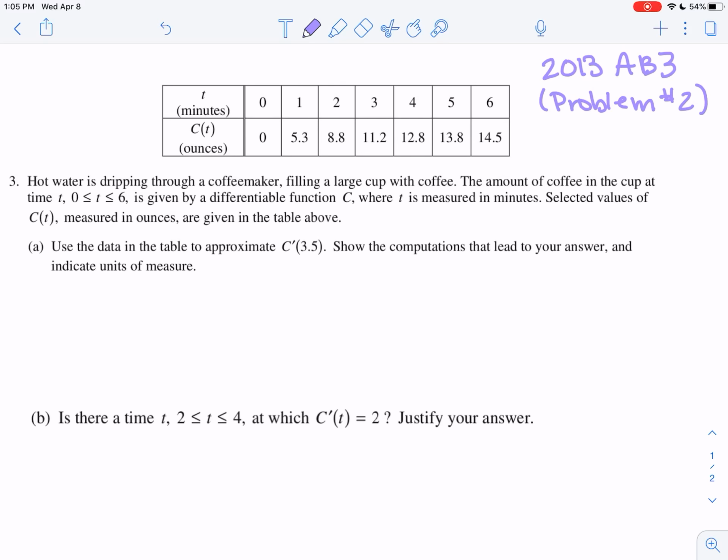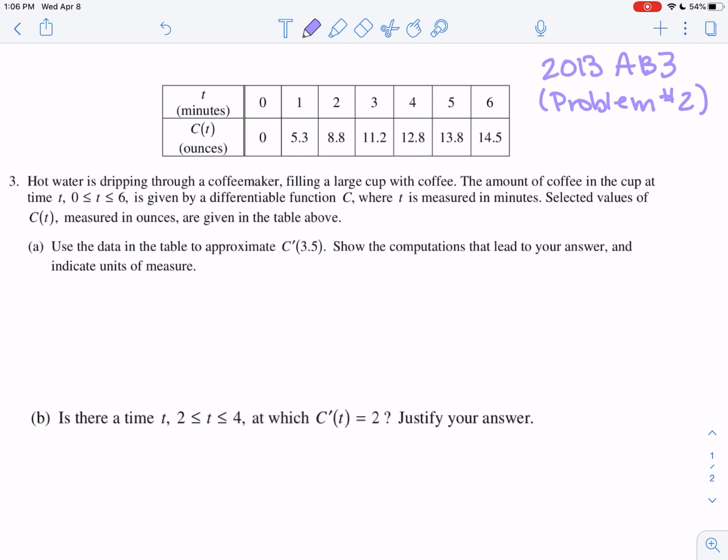It says, hot water is dripping through a coffee maker, filling a large cup with coffee. The amount of coffee in the cup at time t between 0 and 6 is given by a differentiable function c, where t is measured in minutes. Selected values of c of t, measured in ounces, are given in the table above. Before we do part A, let's take a look at the stem of the problem, to make sure we totally understand what the table is giving.